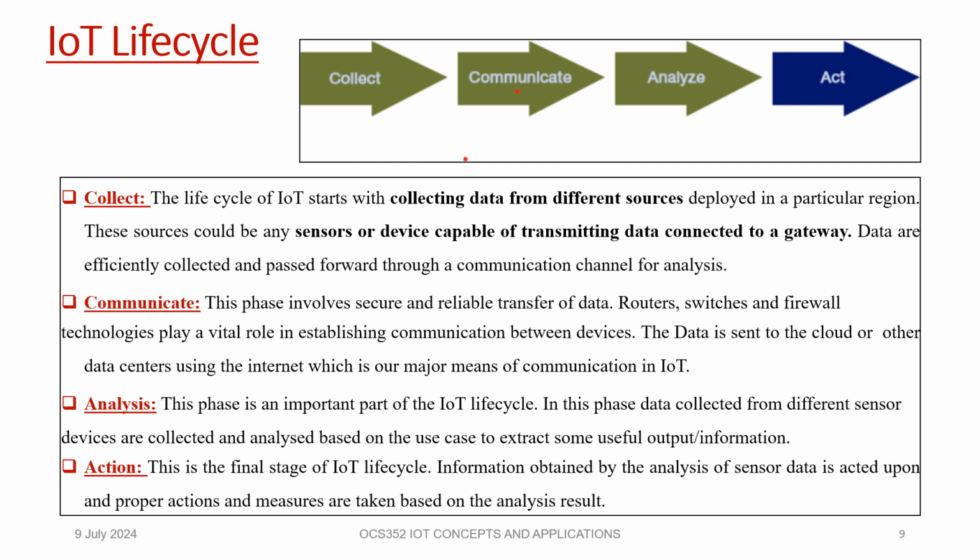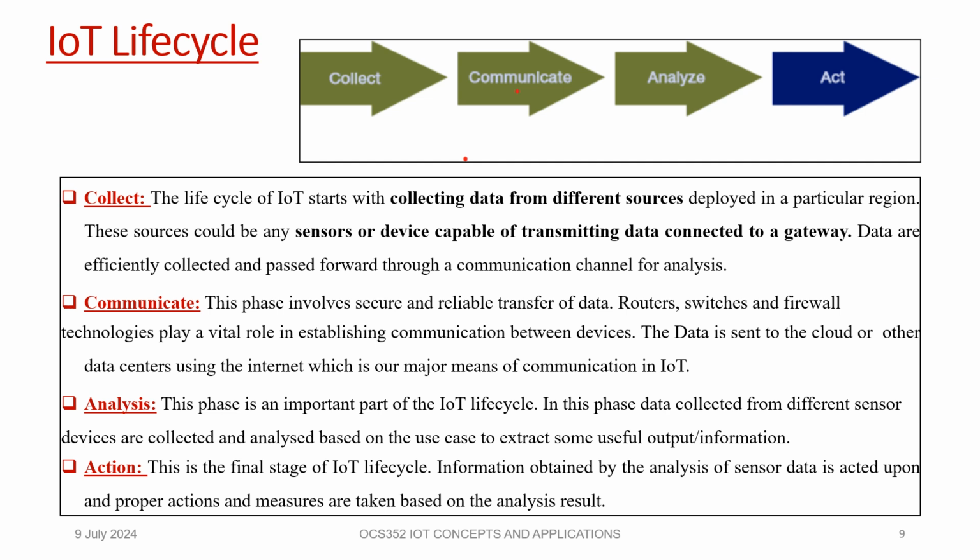The IoT life cycle contains collect, communication, analytics, and action. Collect: the life cycle of IoT starts with collecting data from different sources deployed in a particular region. Communication: this phase involves secure and reliable transfer of data. Routers, switches, and firewall technologies play a vital role in establishing communication between devices.